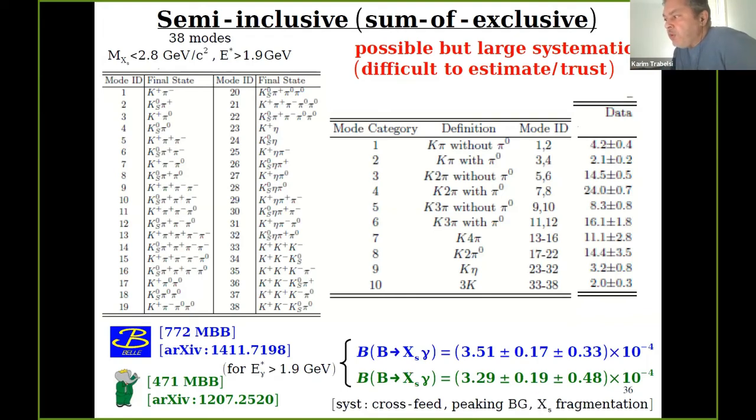And also you have to extrapolate the branching ratio to the modes you couldn't measure, so you have to make some assumptions on relations between modes to complete your branching ratio measurement. And this adds to the systematic, and you see that it's much larger than you'd like.